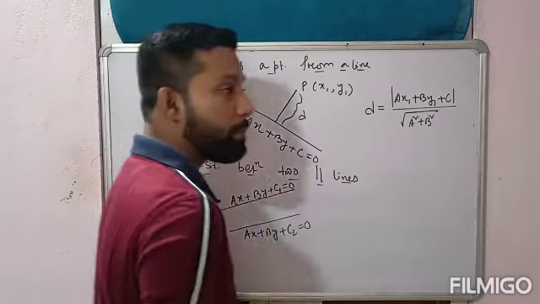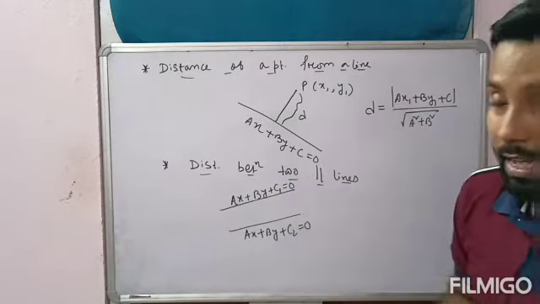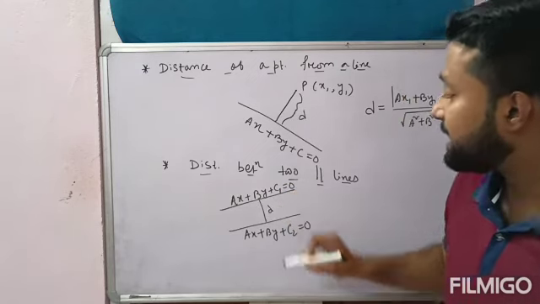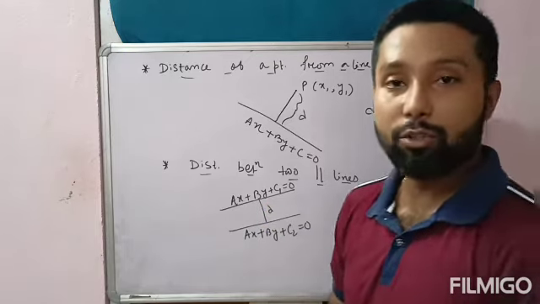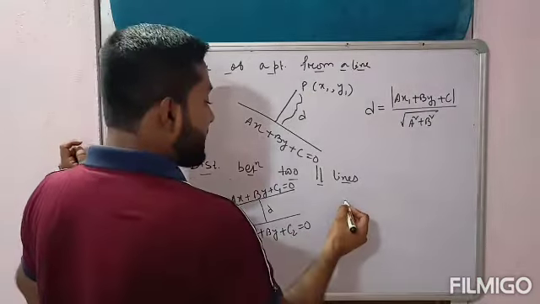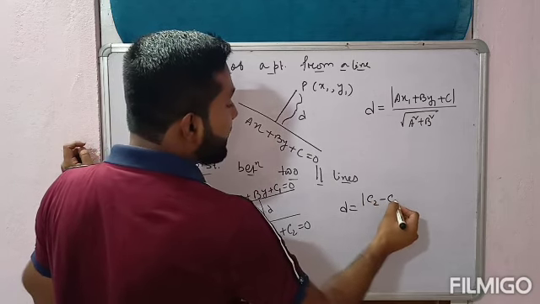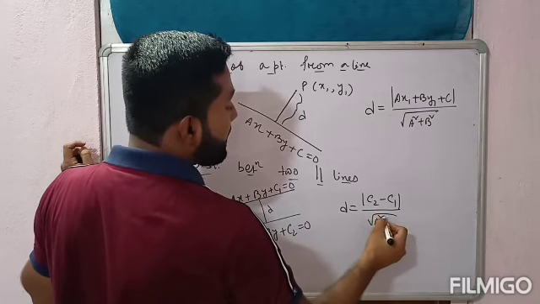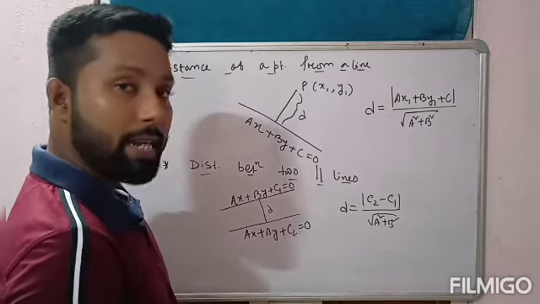These two lines are parallel to each other. How can we find the distance between them? Let us consider the distance as d. The formula is d is equal to modulus of c2 minus c1 divided by root over a square plus b square. This is the formula for the distance between two parallel lines.